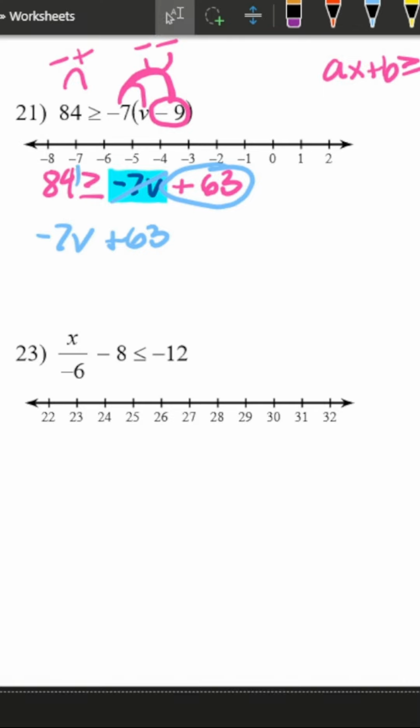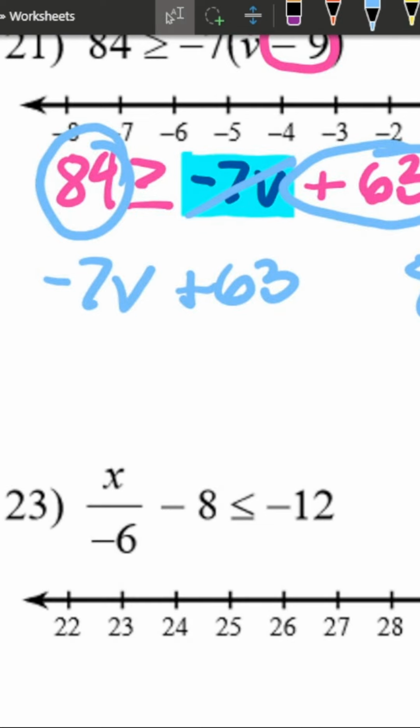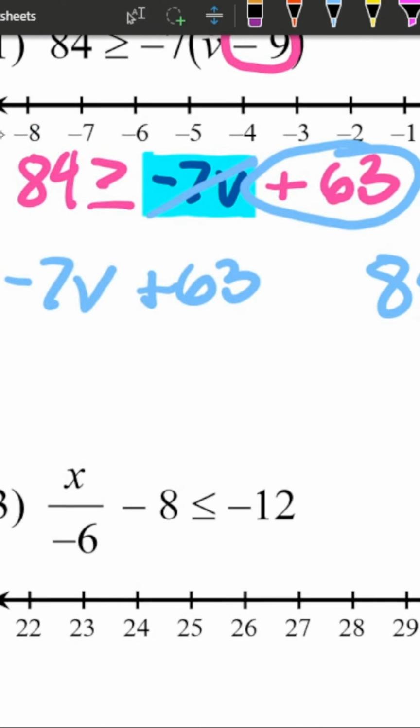Then we're going to take this 84 and put it on the other side. Now, what I want you to look at on this inequality sign is, if we think about an alligator on the inequality sign, what is the alligator trying to eat? The 84 or everything on the right? It's trying to eat the 84.